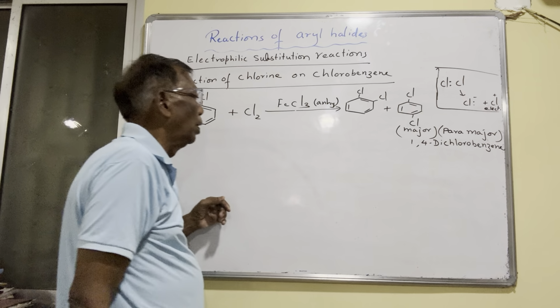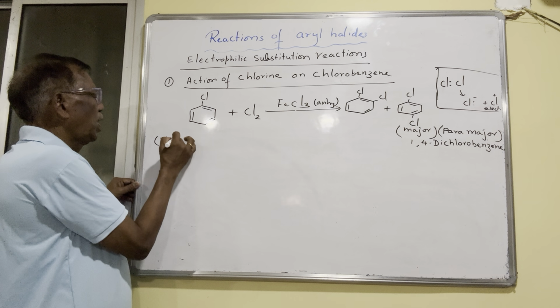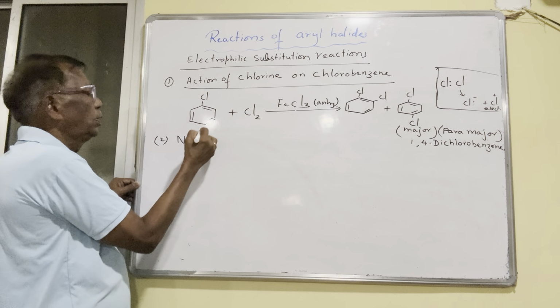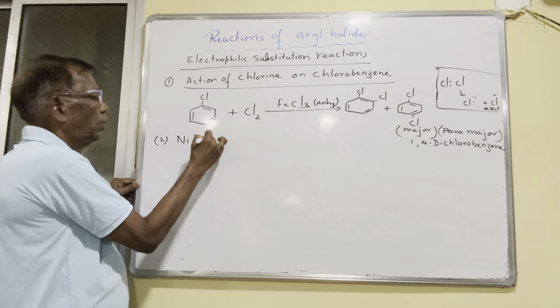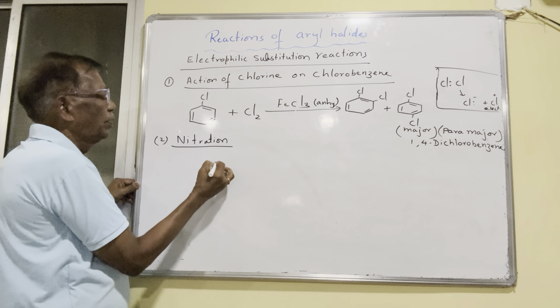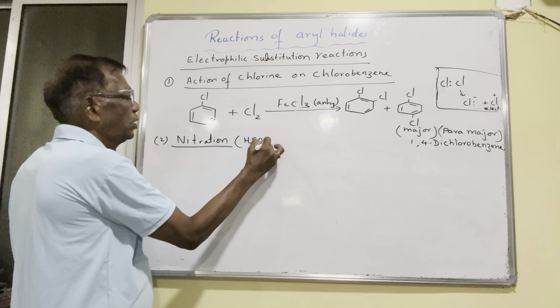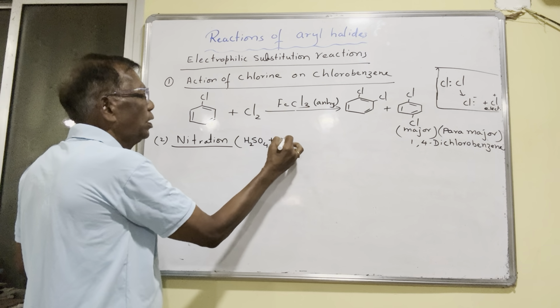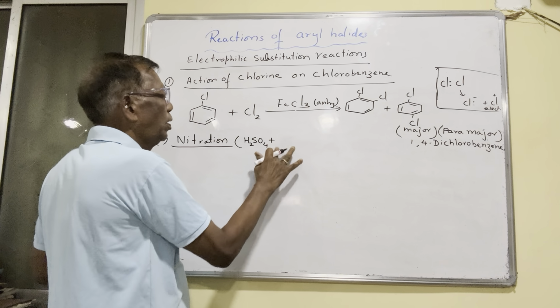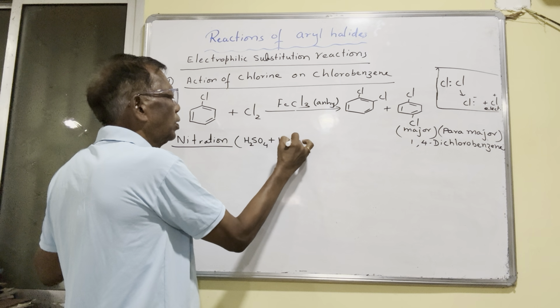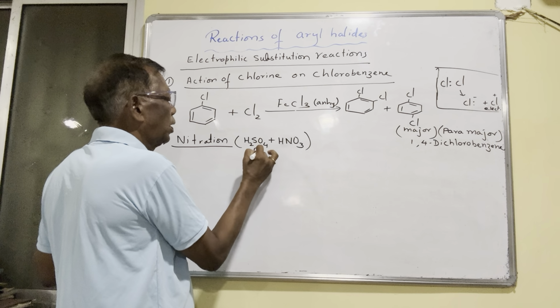dichlorobenzene. Okay. Suppose it is nitration that is carried out, this was called chlorination. If you carry out the nitration with nitrating mixture, what is it? Nitrating mixture is concentrated sulfuric acid and concentrated nitric acid. That is called nitrating mixture. Okay, both concentrated.